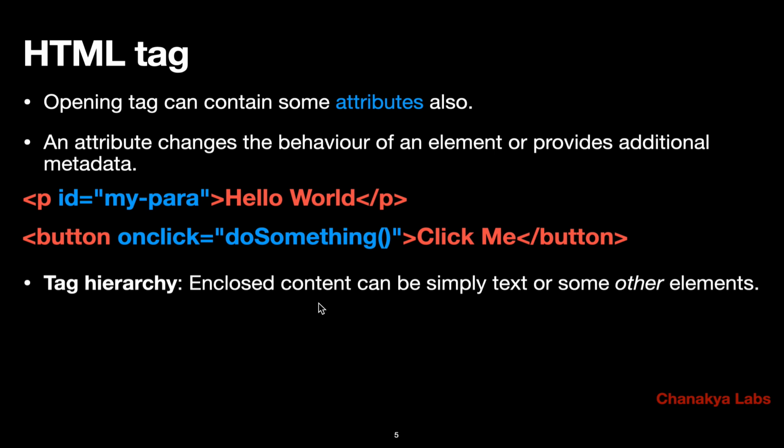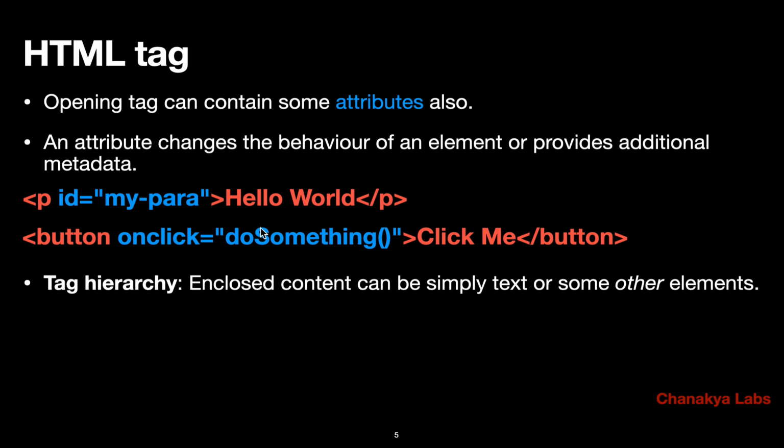Now another point which I wanted to mention is something called tag hierarchy. This we have already seen many times by now, that tags have a starting tag and an ending tag, and the element will contain some enclosed content within the starting and closing tag.